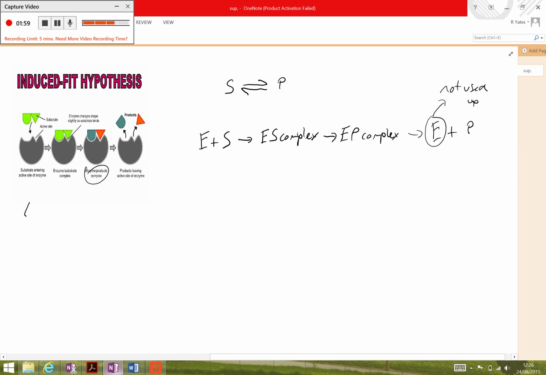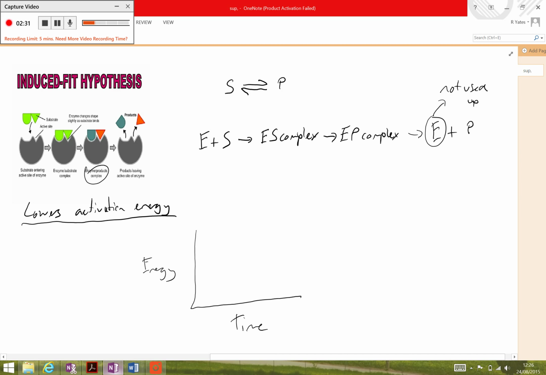What it does is it lowers the activation energy. So the activation energy, which is the energy needed in order for this reaction to happen. And as it says quite clearly here, what the enzyme does is it lowers the activation energy. You usually see a graph. You've got your graph here, and that's time, and over here we have the energy of the molecules.